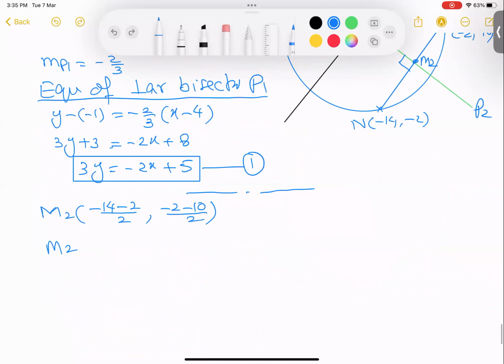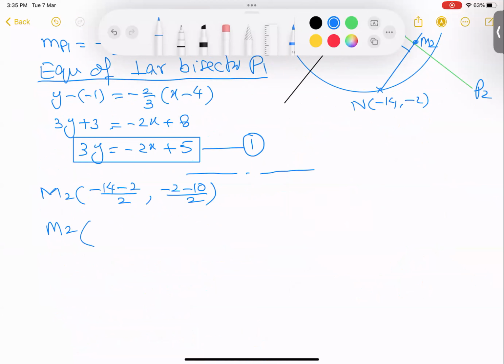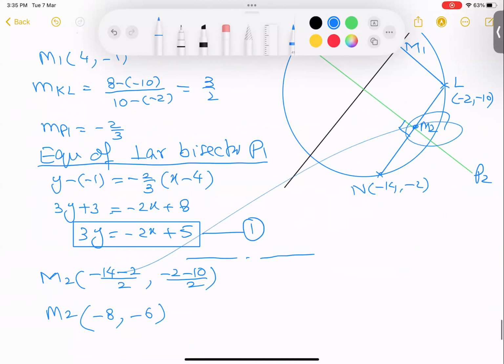So let's go for the midpoint, and I'm getting here negative 16, so negative 8, and negative 12, so negative 6. So negative 16 by 2 is negative 8. Okay, negative 12, so negative 6, this is correct. Midpoint, I got it. M2, I got it.